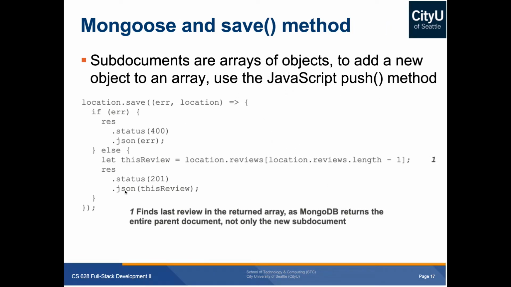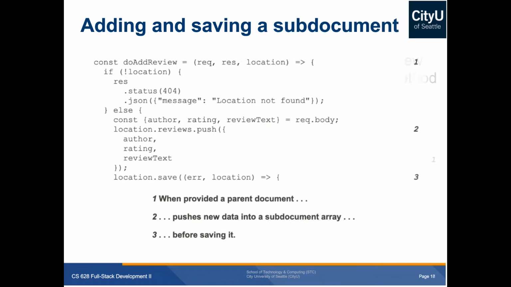And again, the entire parent document is returned and not only the new subdocument. Okay? So this is now the doAddReview that was abstracted with the reviewsCreate function.